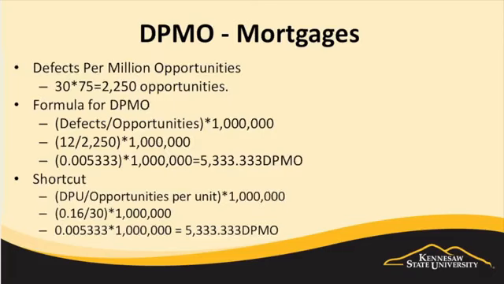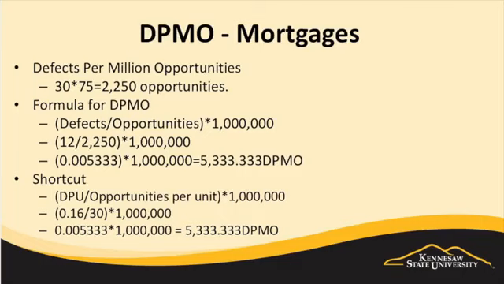To calculate DPMO, we first divide the defects by the opportunities. Then we multiply this number by 1,000,000. In our example, there were 12 errors, and we just calculated opportunities and found that the 30 fields on 75 applications represented 2,250 opportunities for error.